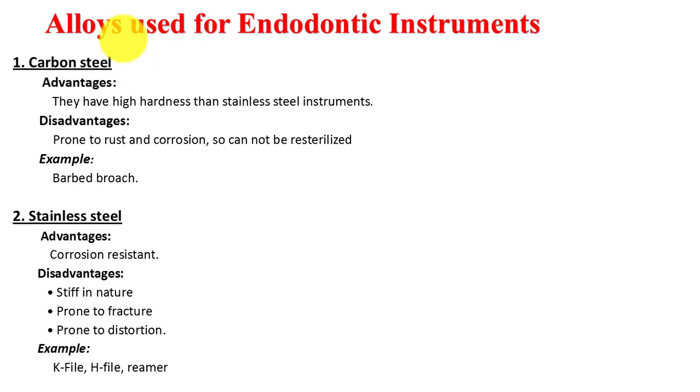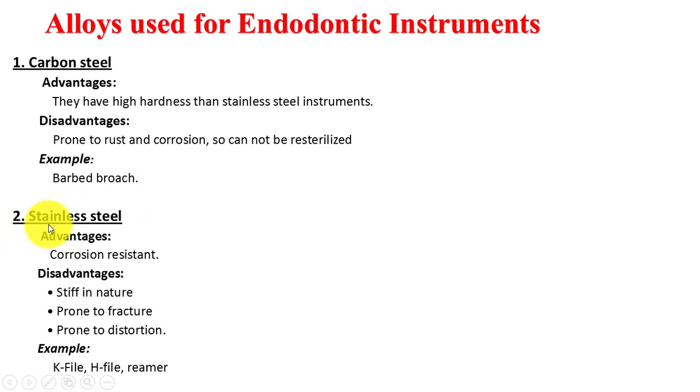Its advantage is its hardness. It has higher hardness than stainless steel instruments. But it is prone to rust and corrosion. That's why if you use it once, you cannot re-sterilize it again. It's disposable. Its example is the barbed broach.